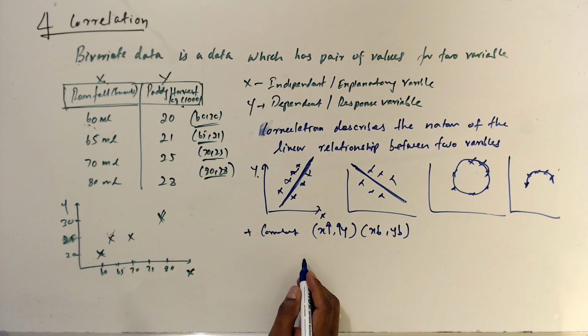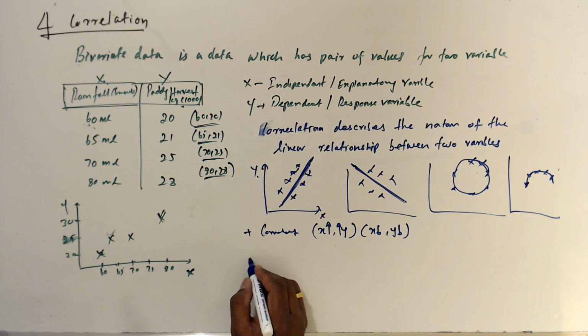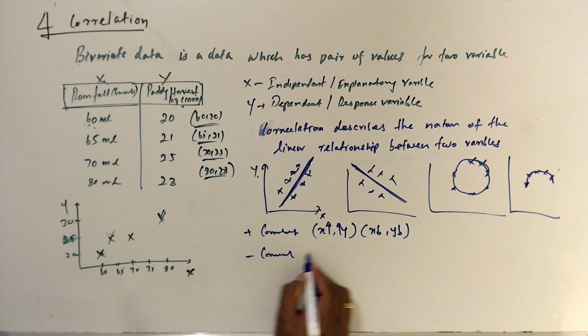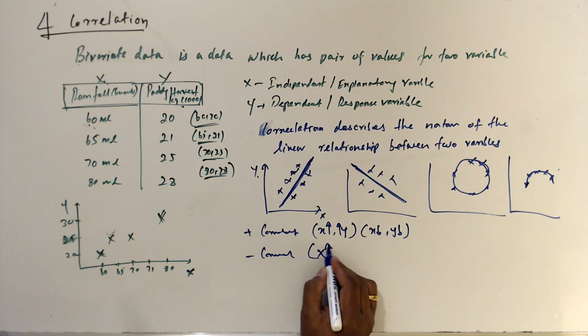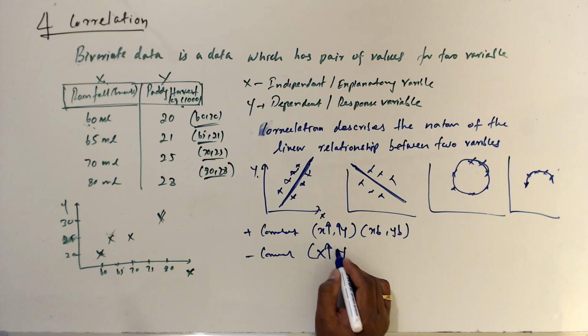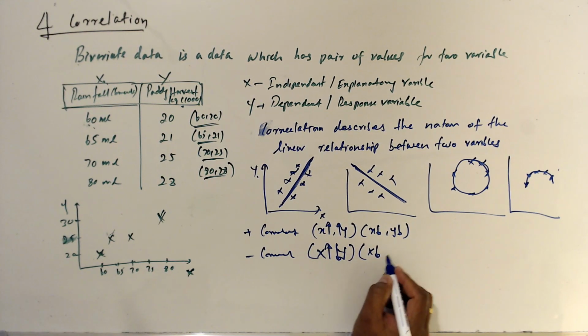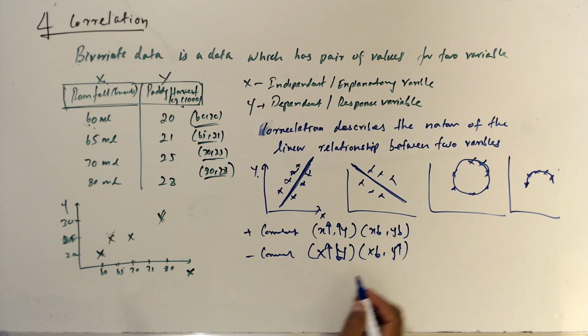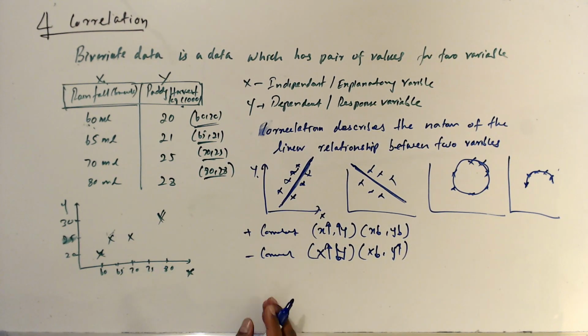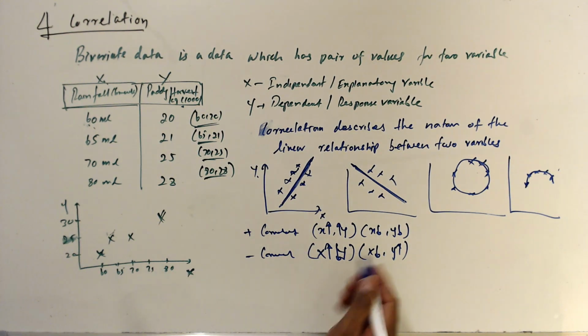In contrast, in the negative correlation, when the explanatory variable increases, y decreases, and when x decreases, y increases. So you can describe positive and negative relationships in this way as well.